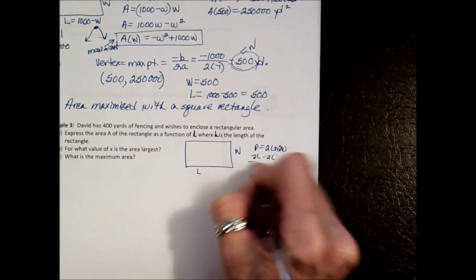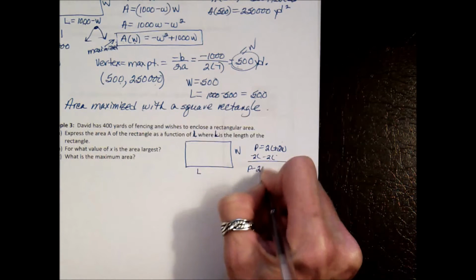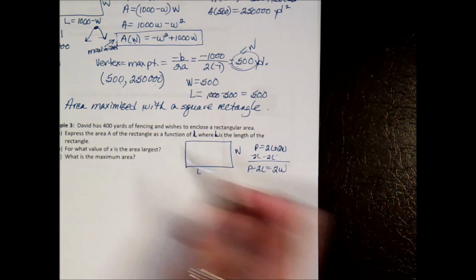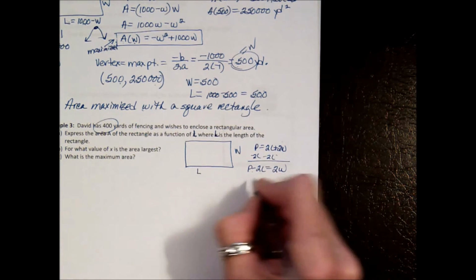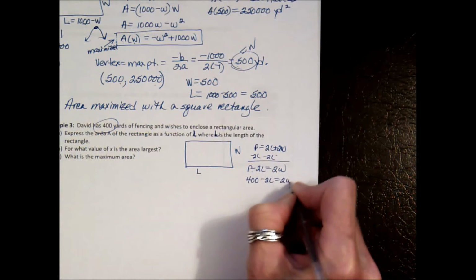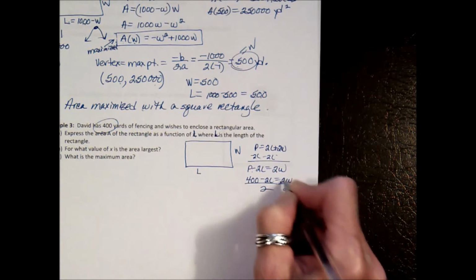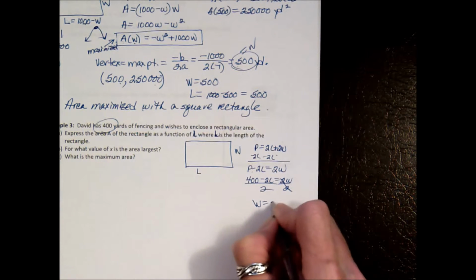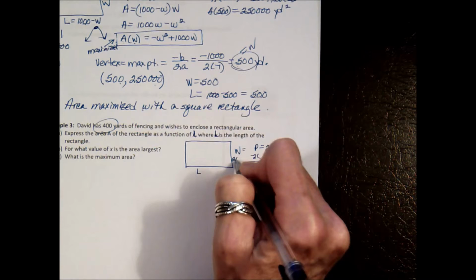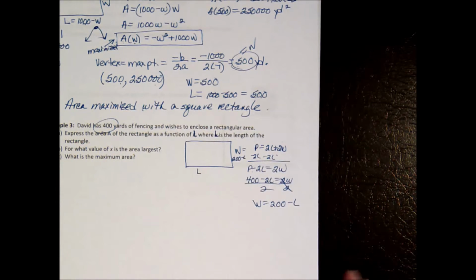That gives me P minus 2L equals 2W. But I know that the perimeter is 400. So 400 minus 2L equals 2W. I divide by 2, and I get W equals 200 minus L.